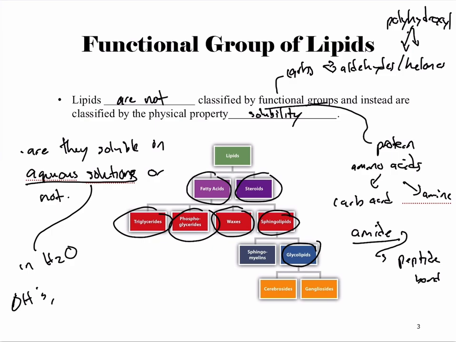What kind of molecules? Yeah, it'd be polar, right? So OHs or polar molecules in general. Polar molecules would be soluble in aqueous solutions. And again, this goes back to the idea within lipids that we kind of have two parts of the molecule: one part that might be polar and one part that might be non-polar.